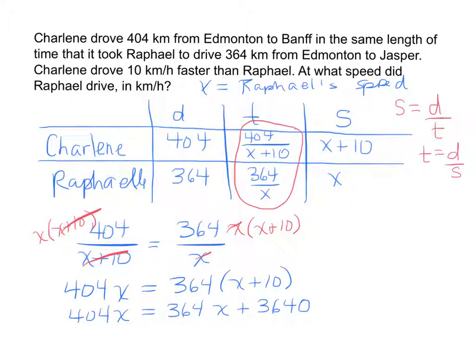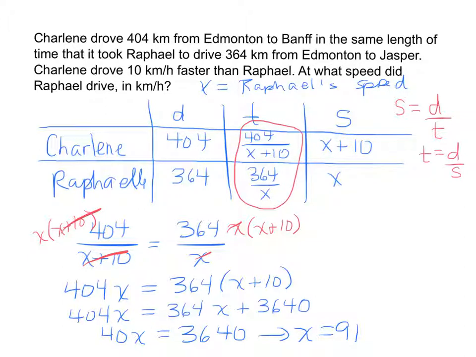Expand, and then I'll move the 364X over. I get 40X is equal to 3,640. This is nice because it's just linear. And I end up with X equals 91.